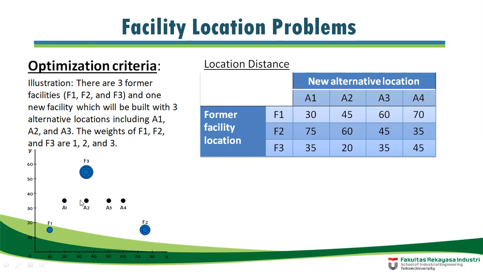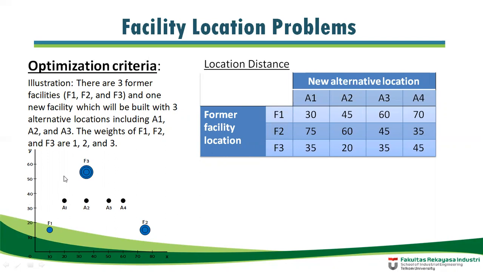And then we have four alternatives. The facility may be put in A1, A2, A3, or A4. So the new facility may be put into four different alternatives.